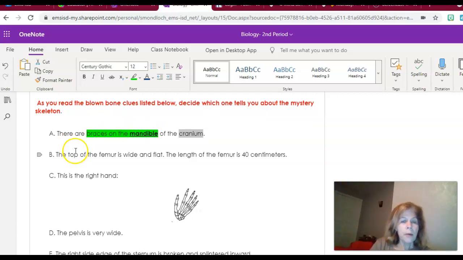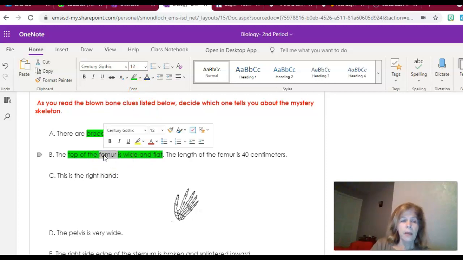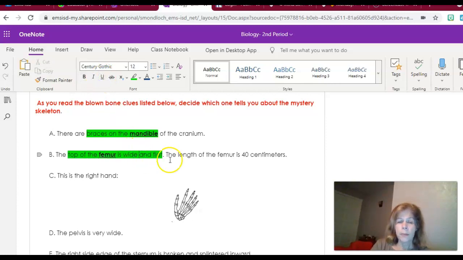Then we keep reading, and it says the top of the femur is wide and flat. So you're going to want to go to your resources and see what that is. And here we have another bone that you'll want to look up, where the femur is. And then it gives you the length of the femur is 40 centimeters.